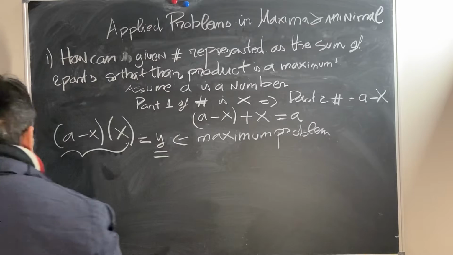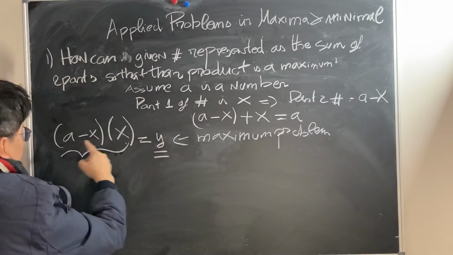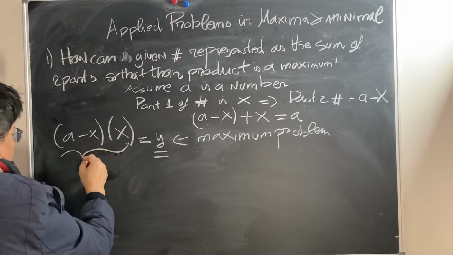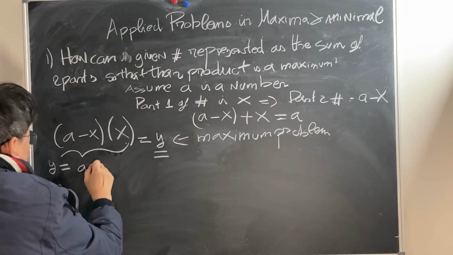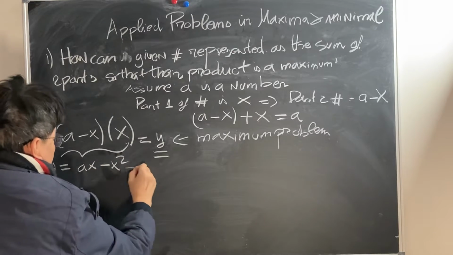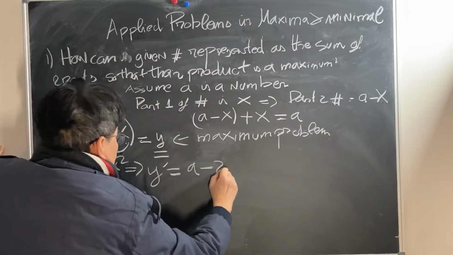We only studied that in order to find the maximum, you need to take the derivative. To multiply this out, you have y equal ax minus x squared. So y prime will be equal to a minus 2x.